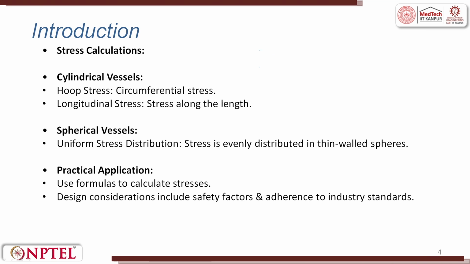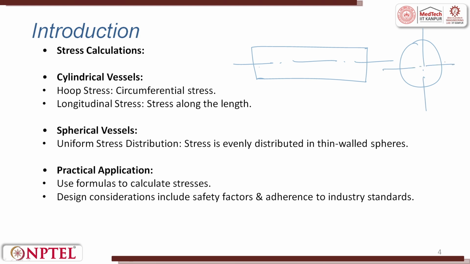When we talk about a cylinder, you can have 2 types of stresses. The cylinder will have some amount of thickness, and we discussed thin wall cylinder and thick wall cylinder.